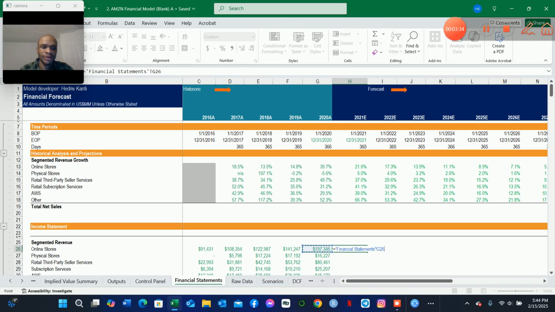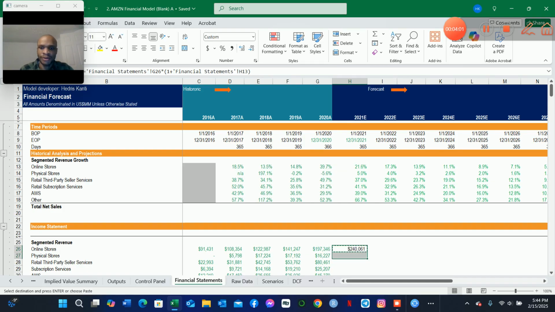So it's going to be equal to, we take the prior period and multiply that by 1 plus our growth rate for the segmented revenue for each of Amazon's business segments. So we have that in place there.